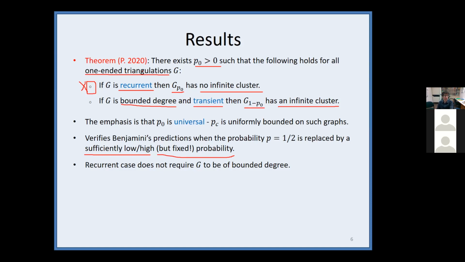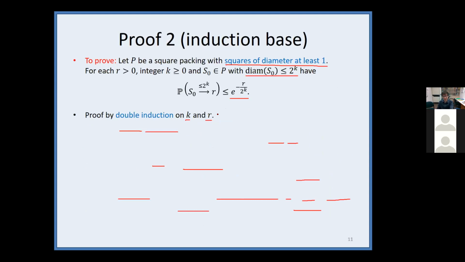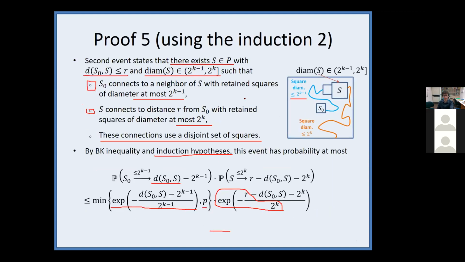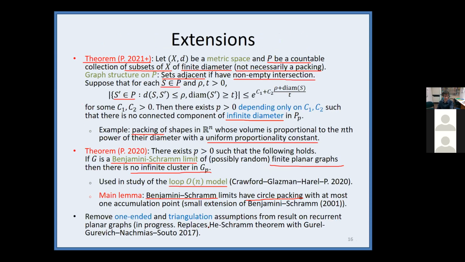But if you assume it's a triangulation, maybe you can do away with the one-ended assumption, maybe. Okay, so this was the final extension, that there is some idea in progress to extend to non-triangulations. And if that is done, then it replaces the Benjamini-Schramm theorem with the theorem of Gurel-Gurevich, Nachmias and Souto.